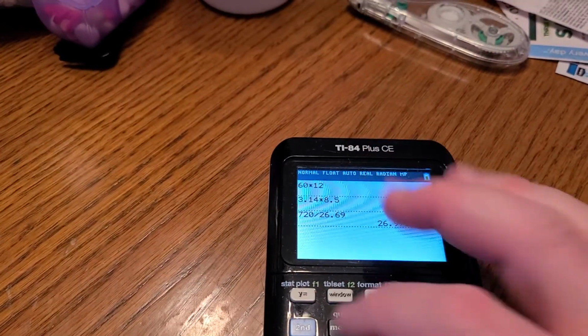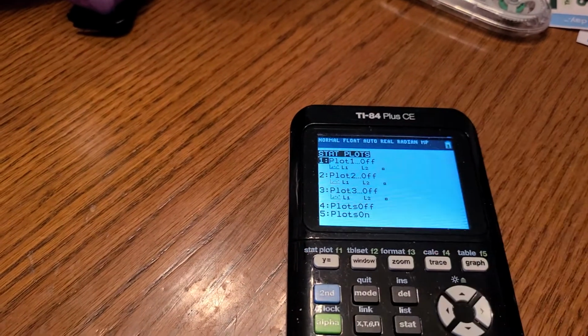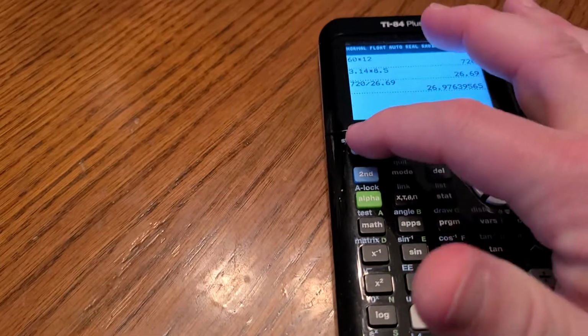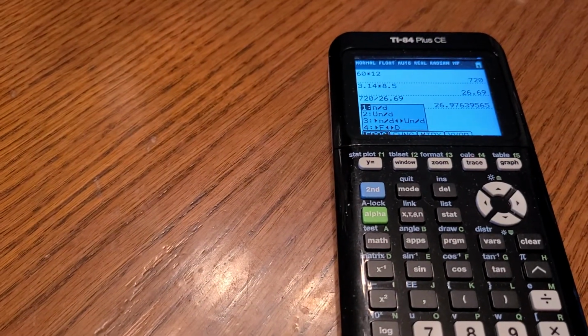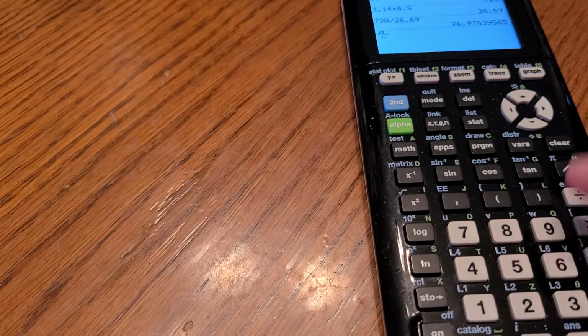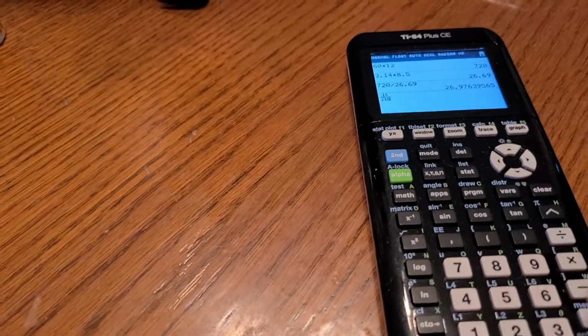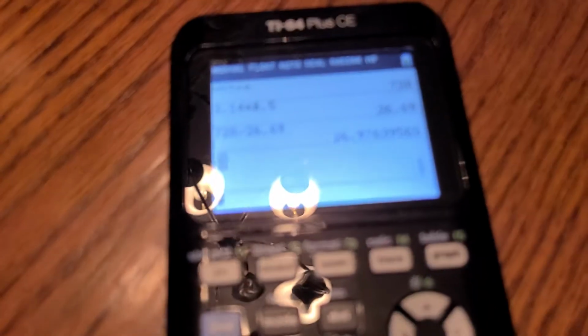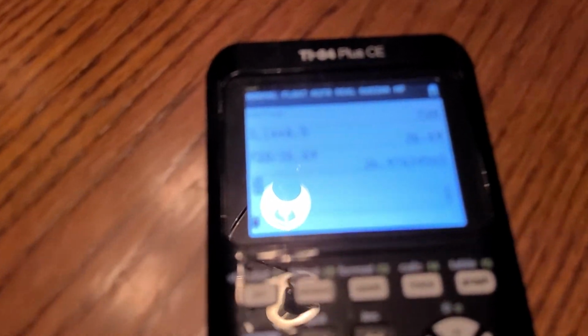You hit alpha, y equals, and then enter, and it lets you type in a fraction. Hopefully you can see that there. So I'm going to do 15 over 21. All right, so 15 over 21, and then we hit enter, and it will simplify that fraction for us.